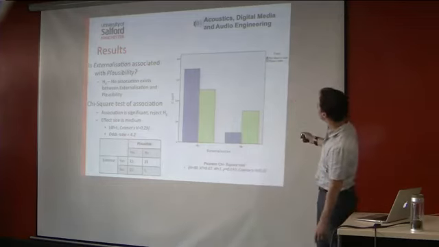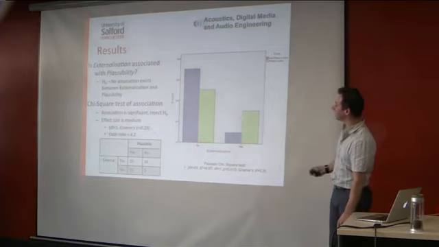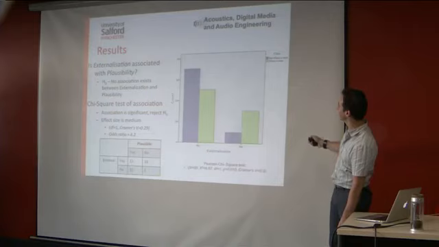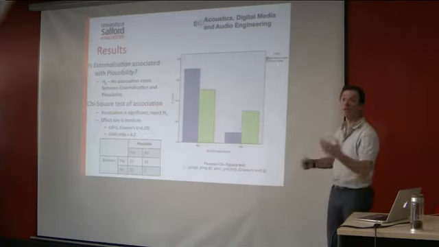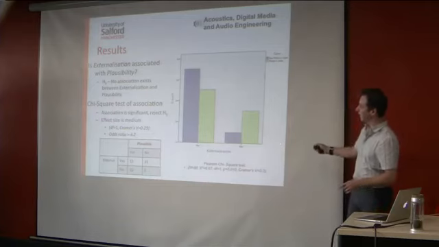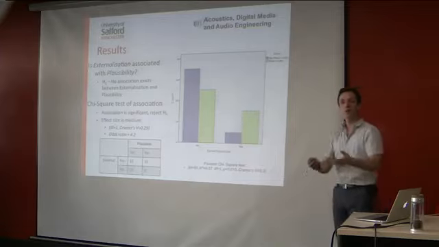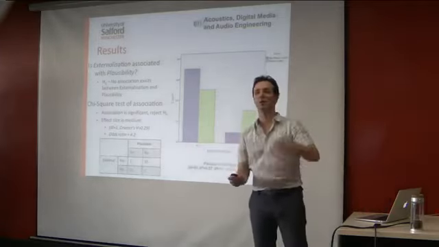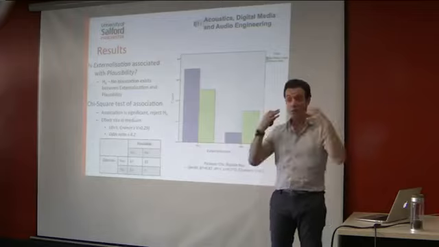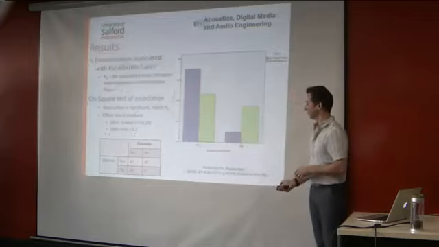So here we've got not plausible without cues and plausible without cues, and we can see that when subjects report that there is externalization, of course we get a much higher count of sounds which are plausible, even though they have no cues. So this is really interesting. Subjects are telling us that they can hear the sounds outside of their head, even without any cues, just because we were placing the mug there and the mobile phone was ringing and so on. So they really believed that the sounds were in the room rather than on their headphones.